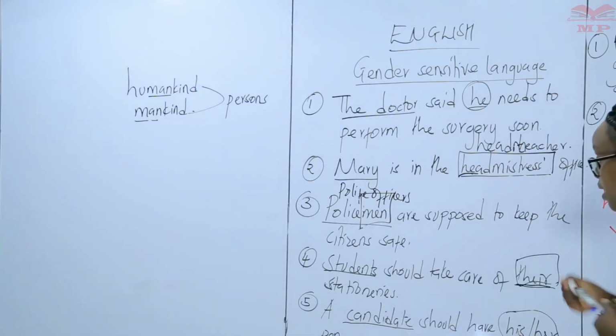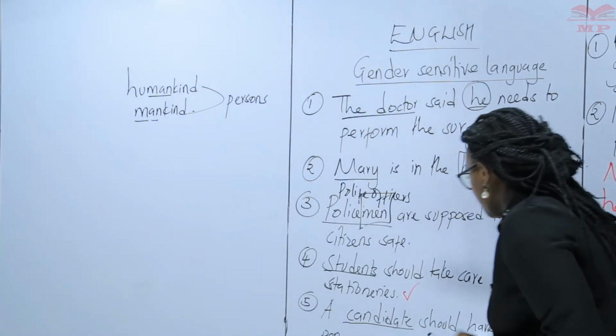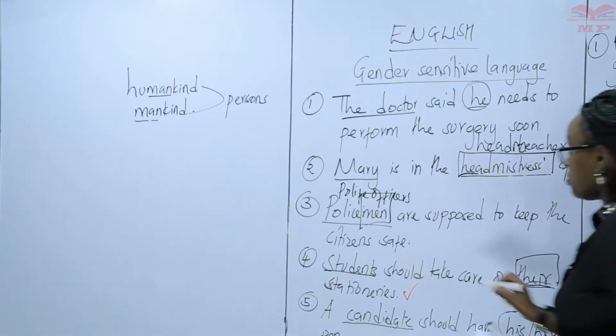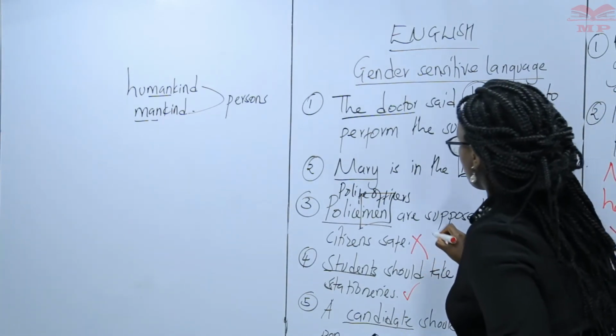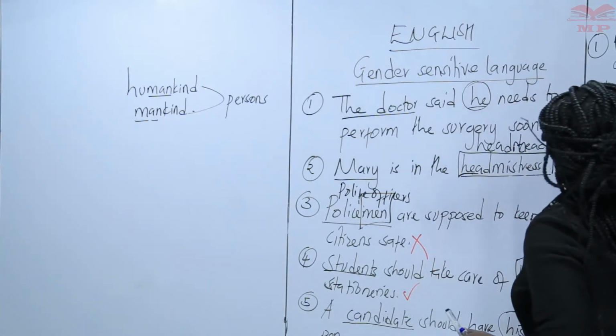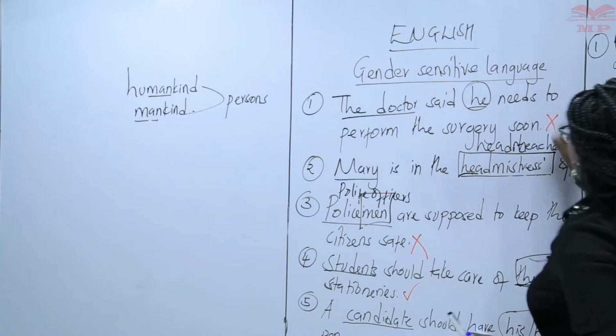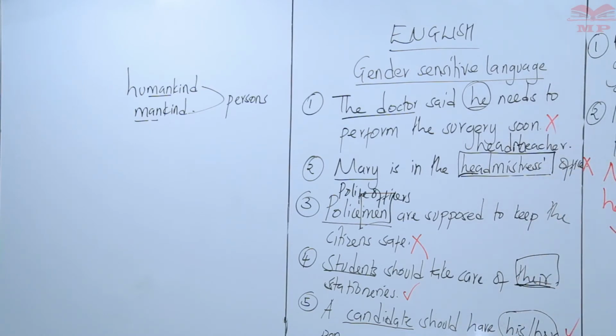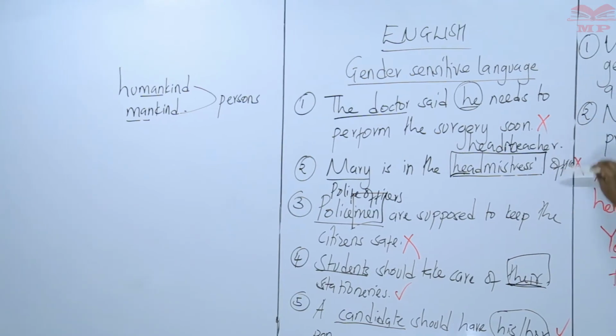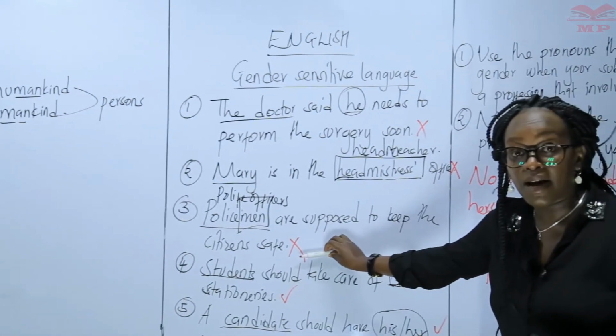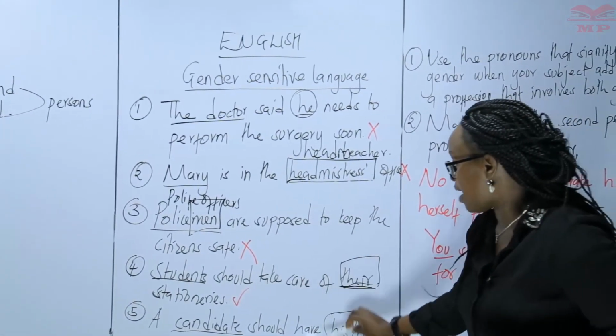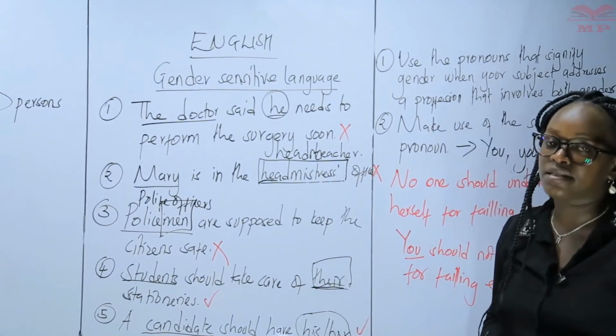I'll put a tick to the ones that are gender sensitive and a cross to the ones that we found to be gender insensitive, so that as you write, you may know how to explain. The ones that I have put a cross there, these 3 are gender biased, and these 2 are gender sensitive.